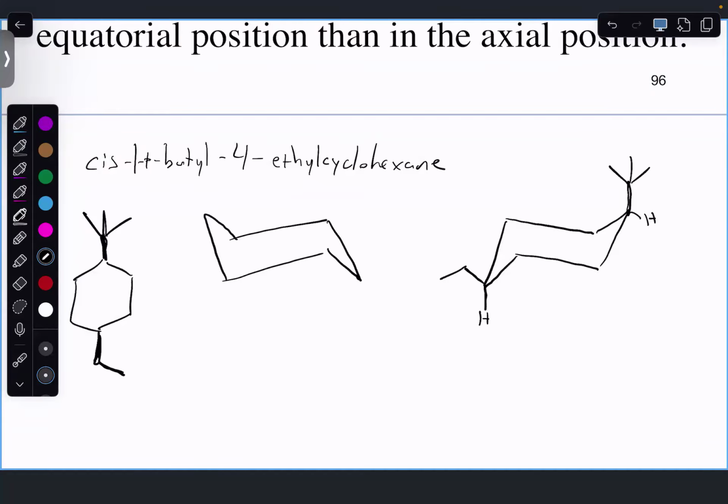In the flipped form, remember, up and down don't change. I drew my tert-butyl originally up, which in the flipped form, it also needs to be up.